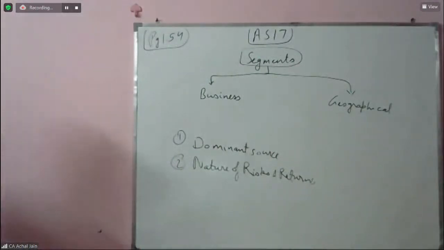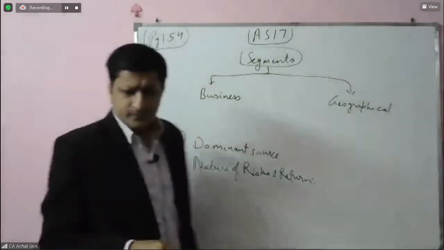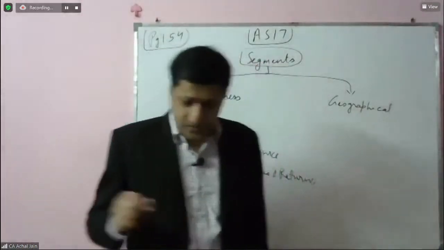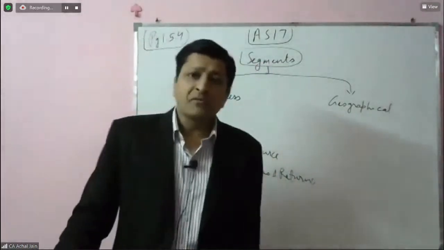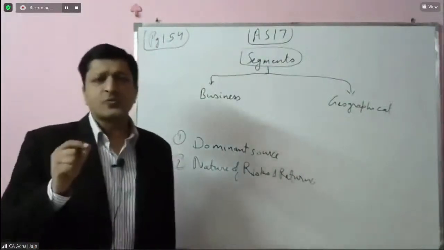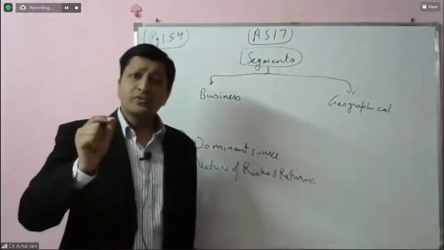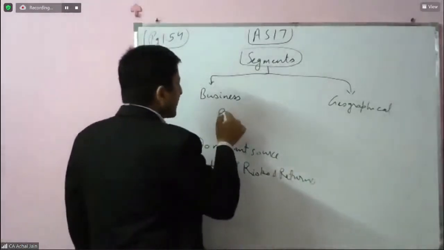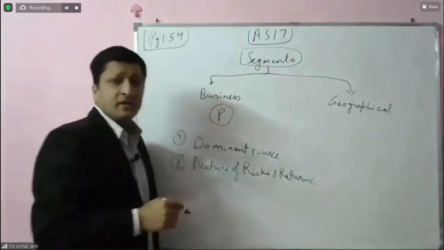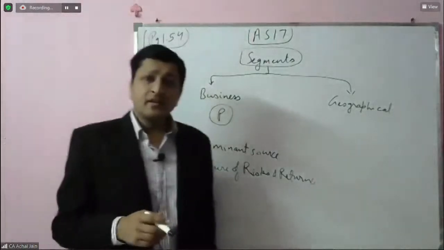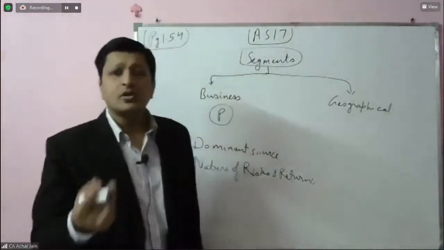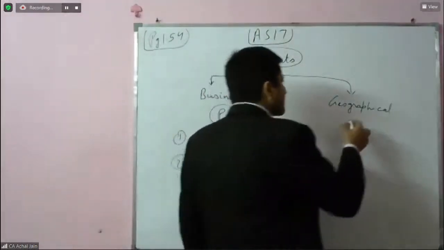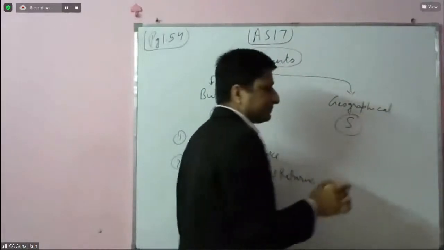Okay. When you get into such a situation, what will you do? You will choose business segment as the primary segment, wherein geographical segment will automatically become the secondary segment.